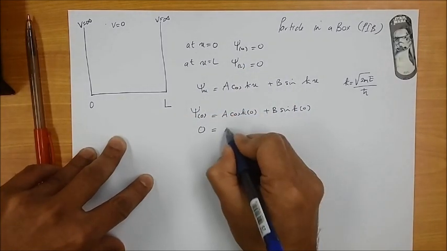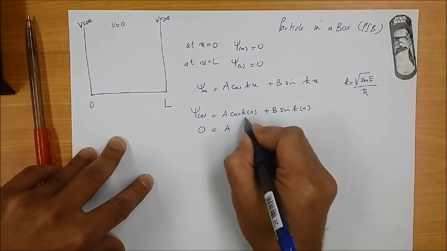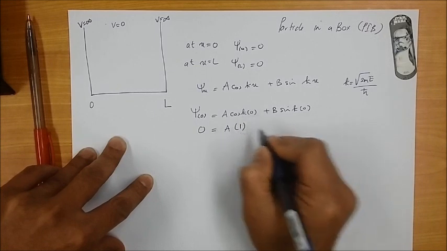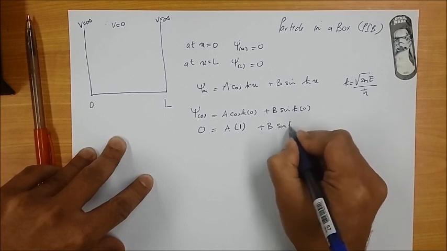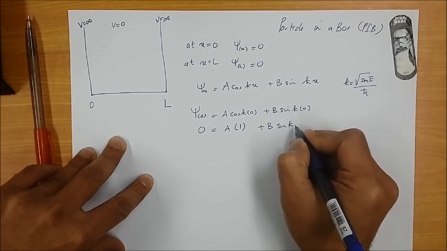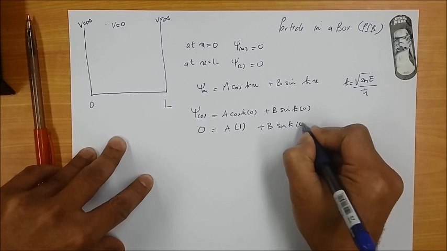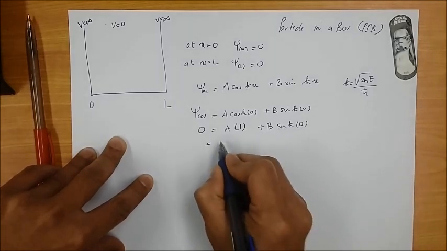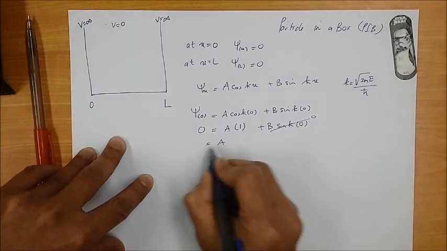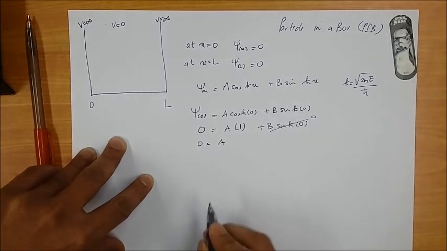So A times cosine of 0, which is 1, plus B sin(k times 0), and this is also 0. So this is 0, so A is 0, right?